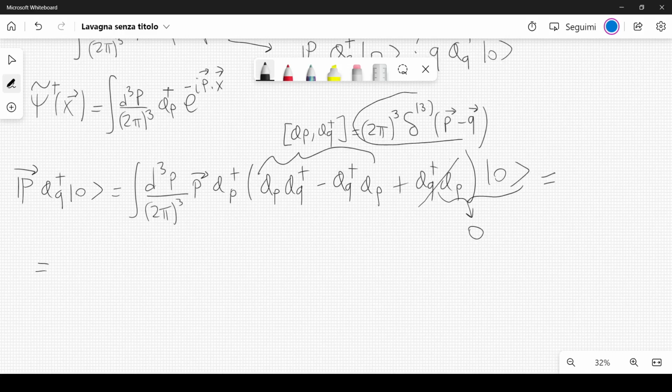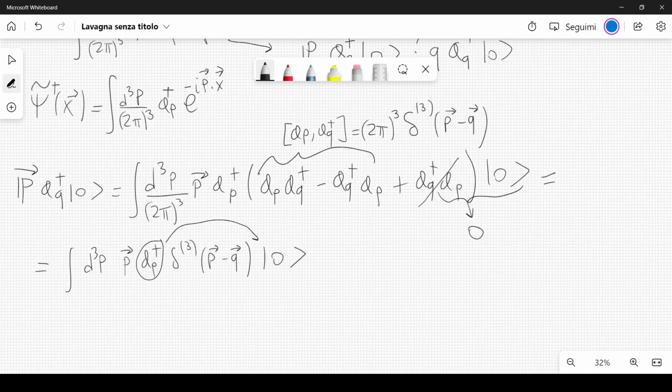Anyway, here we can make the substitution. We can plug this into the equation, and we get the integral d³p p a_p dagger δ³(p − q) acting on the vacuum. So this a_p dagger will act on the vacuum, so it will create a particle.